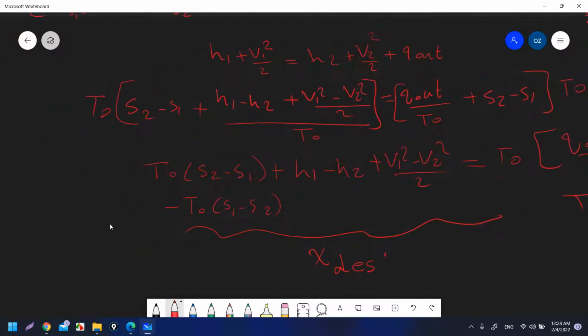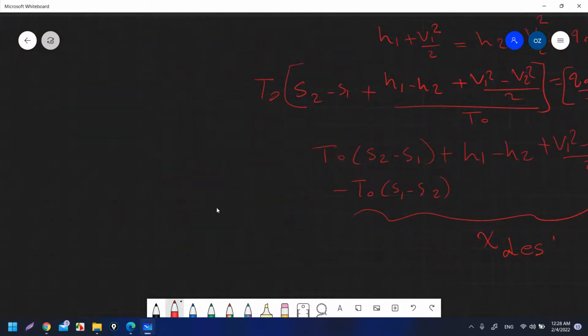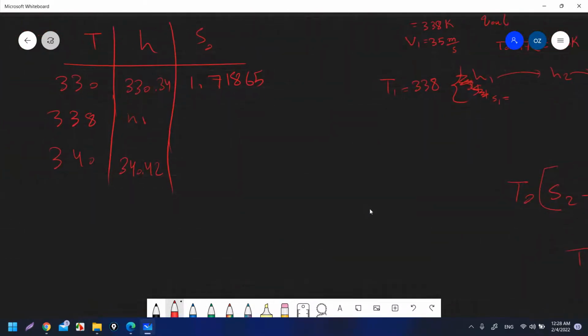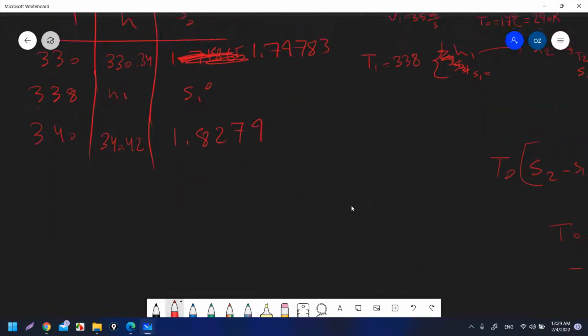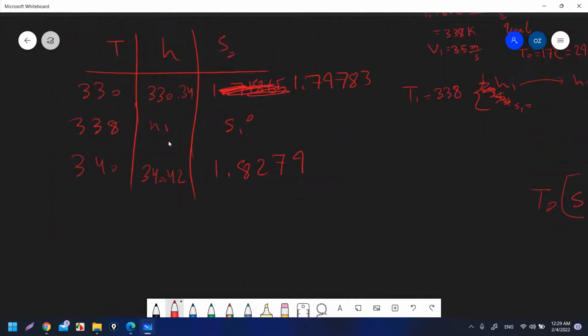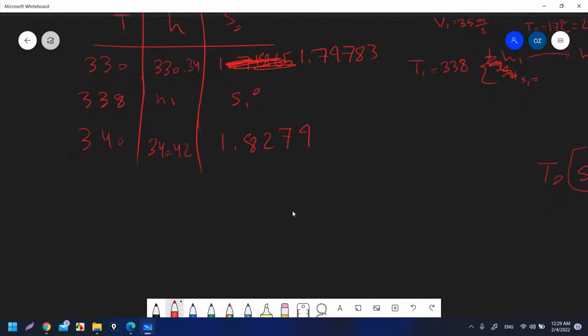Okay, so for S1 naught and S2 naught, for S1 naught it is 1.79783, and this one is S1 naught 1.8279. And for second state, I need to get the enthalpy, then I can find H2.